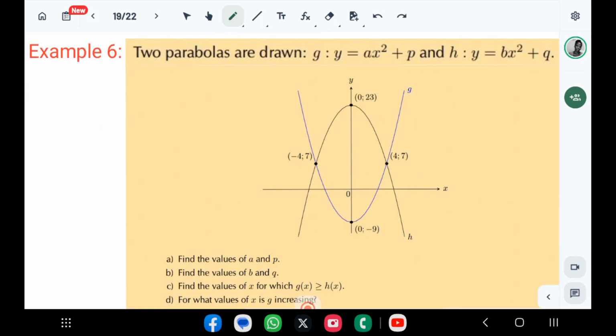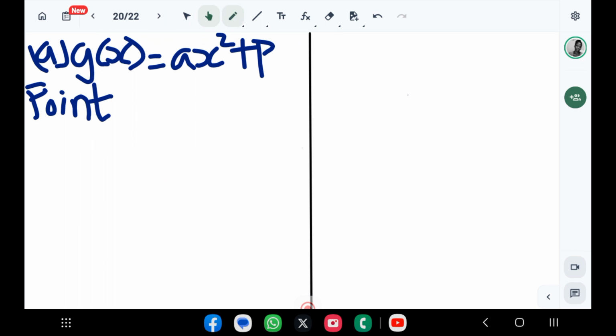Let's see what points belong to G. Let's start with the turning point, point (0, -9). Point (0, -9) lies on G.